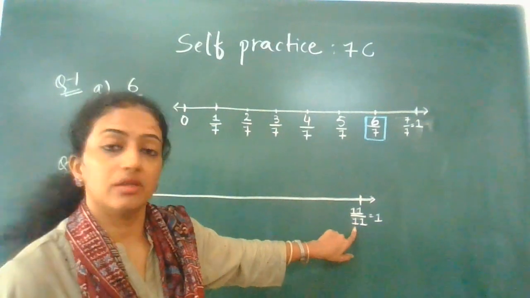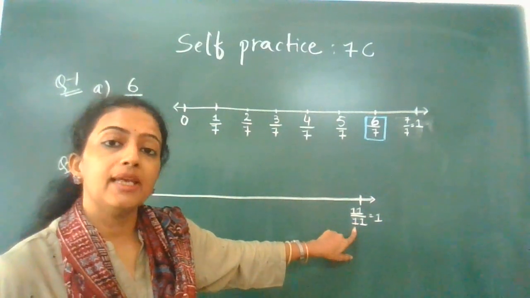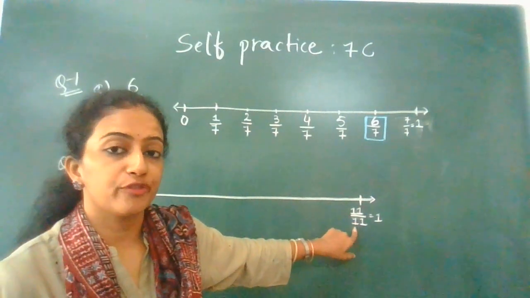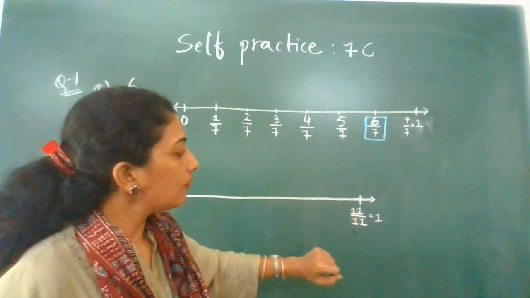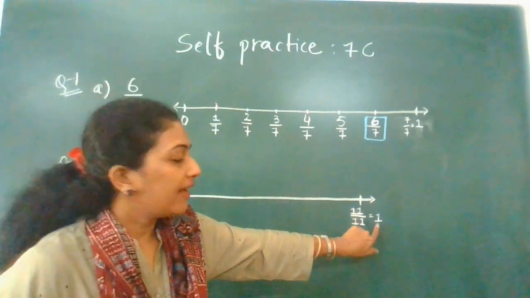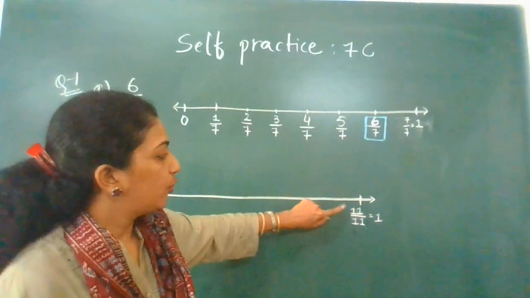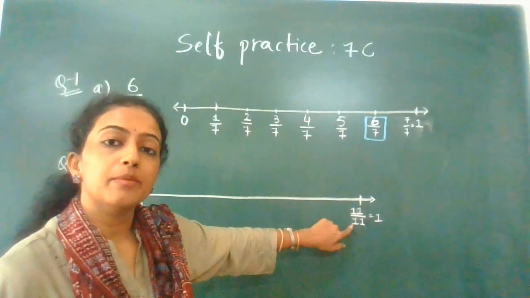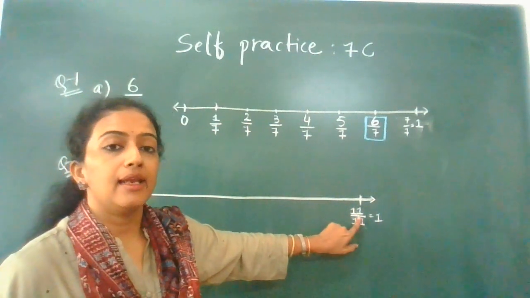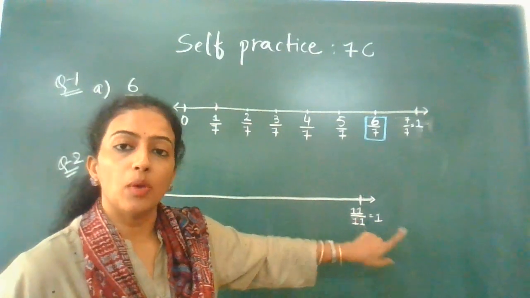So my denominator is 11, which will be the denominator for the rest of the fractions too. When the numerator and denominator become the same, it is equal to 1.